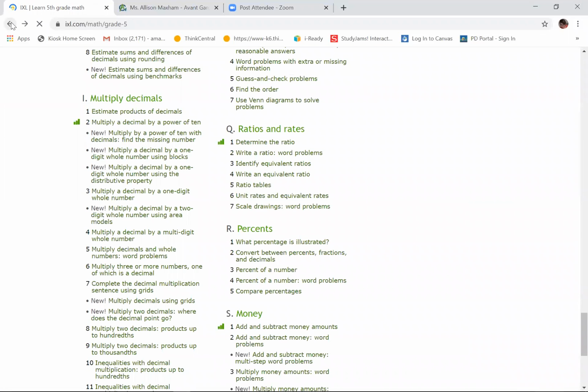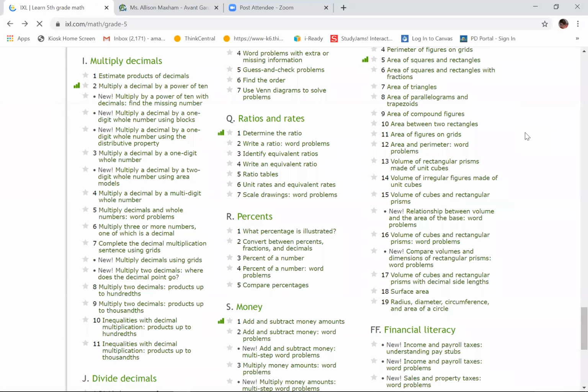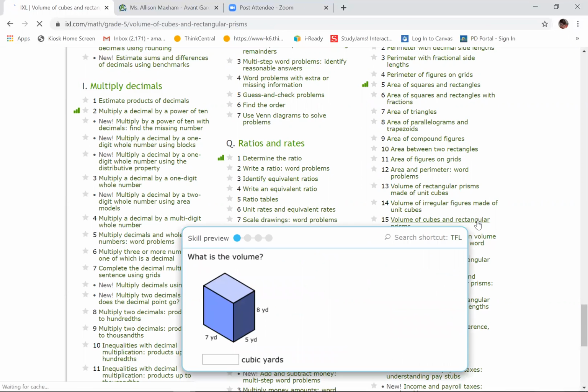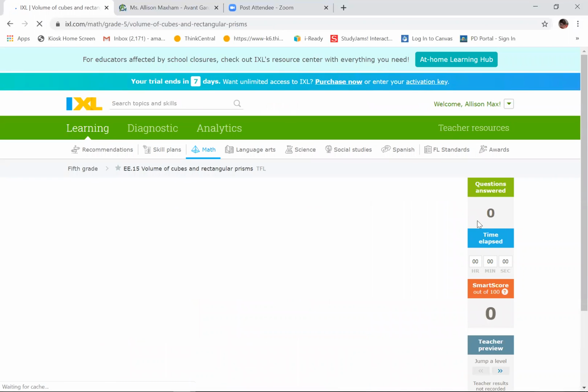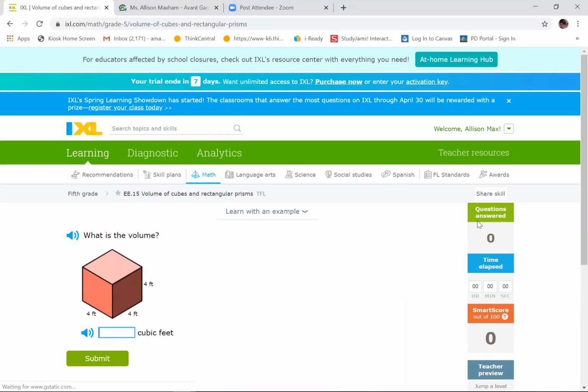Let's find one where we would need to use the second or the third strategy, where we're multiplying length times width times height. Okay, we want the volume of, we don't want decimals, well, we might want decimals. Okay, there we go, that's the one we want.